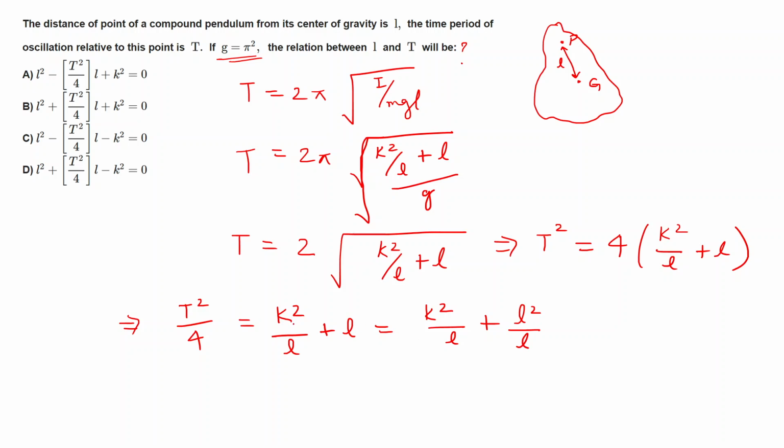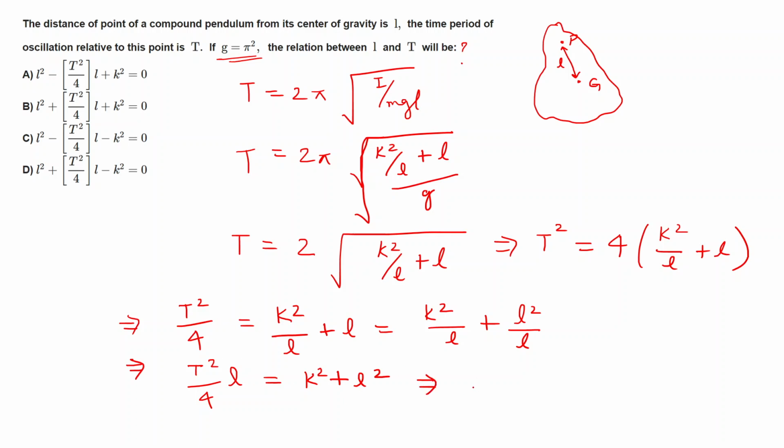This is the same, and then this l will come to the numerator side, on the left hand side I mean, then it will be t square by 4 times l is equal to k square plus l square. Hope I'm not making some mistake.